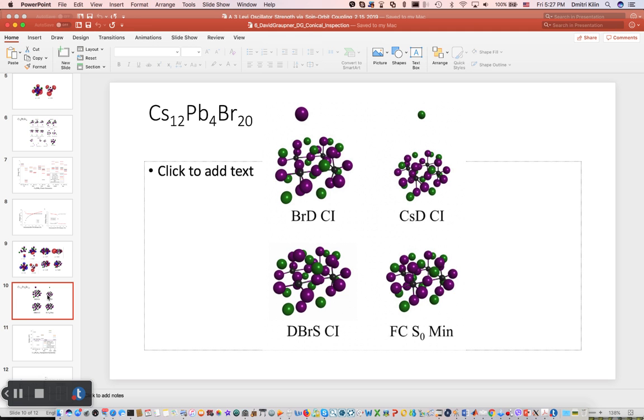And here we also see another energy diagram for the nanoparticle energies. The previous one was for the cluster energies. And this purple line here is a reference experimental value for the band gap.